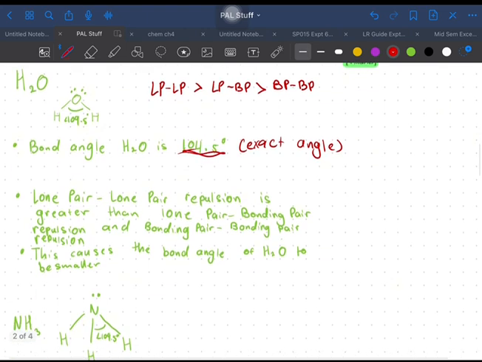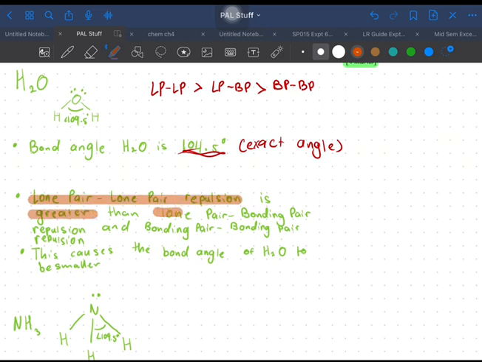So the differences is lone pair repulsion is greater than lone pair bonding pair repulsion. This is the lone pair bonding pair repulsion, and this is the bonding pair repulsion.